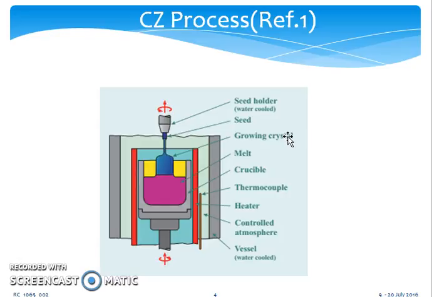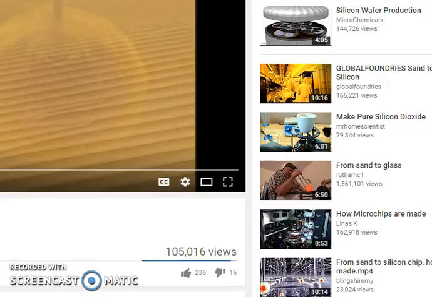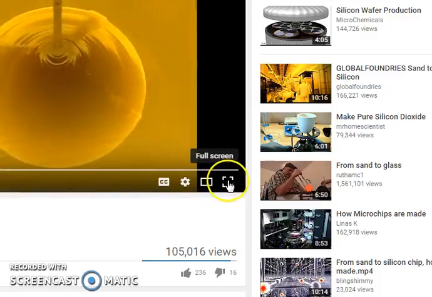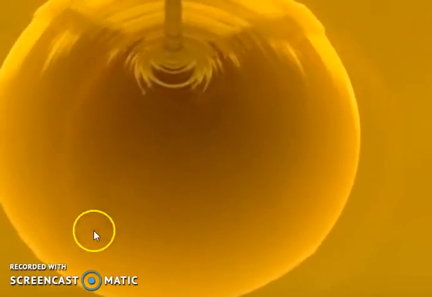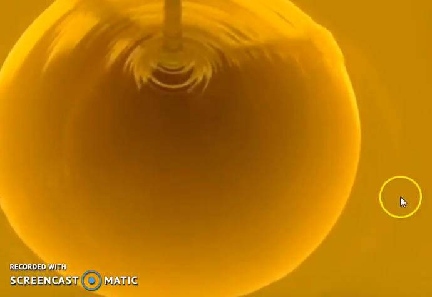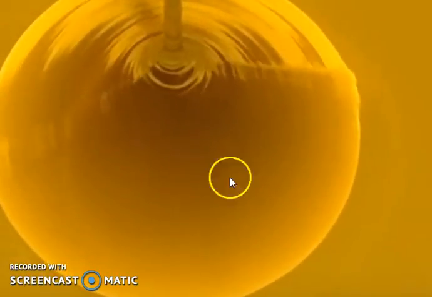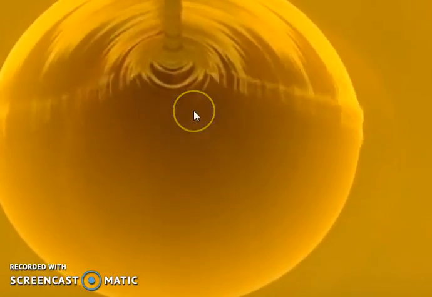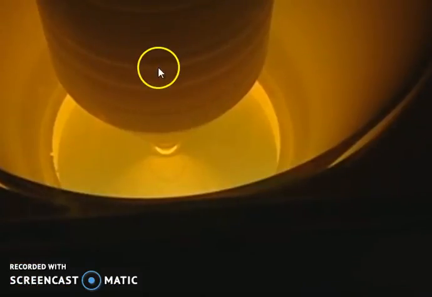To get an idea about how this melt and this ingot are pulled up, let us see one video which I have taken from YouTube. That's the ingot and that's the melt. So this ingot is gradually pulled up. This is an ingot which is pulled up from the melt.